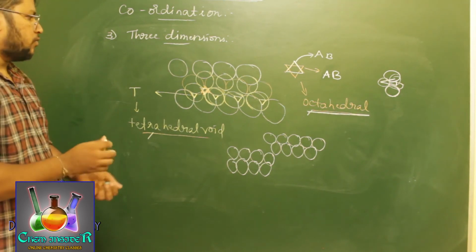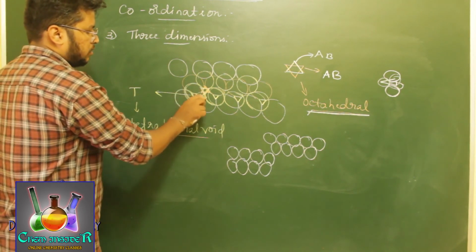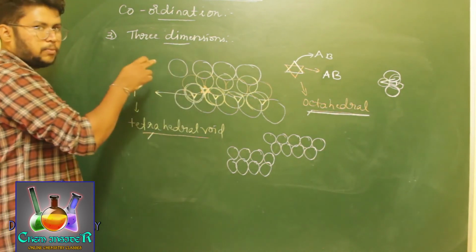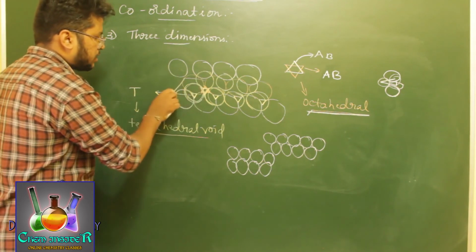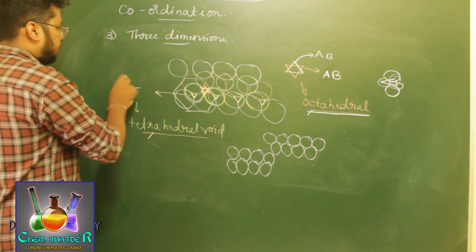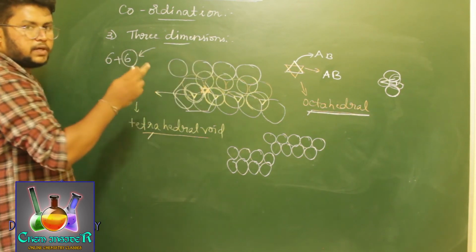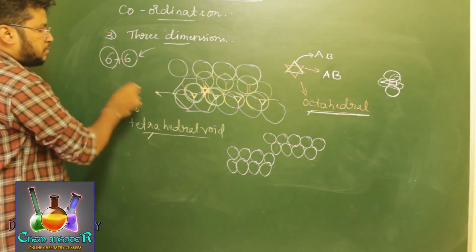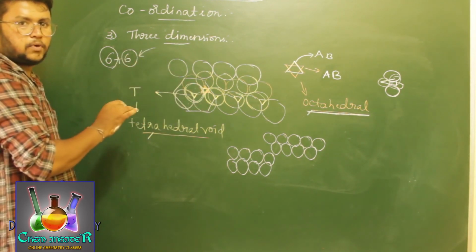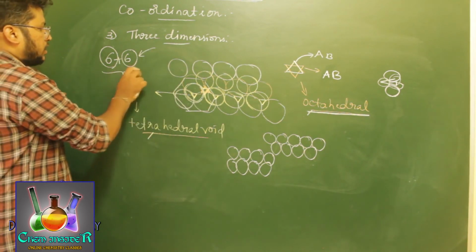Now for the coordination number of each atom, if you consider this atom of AB upon AB, it is surrounded by 3 atoms at the bottom and 3 at the top, so total 6, and it also has a hexagonal packing in its own layer, so that gets 6 plus 6. This 6 is because of the hexagonal AB type, which we discussed in 2 dimension, and this 6 is because of the 3 atoms at the bottom and 3 atoms above it, giving us 6 plus 6, 12.